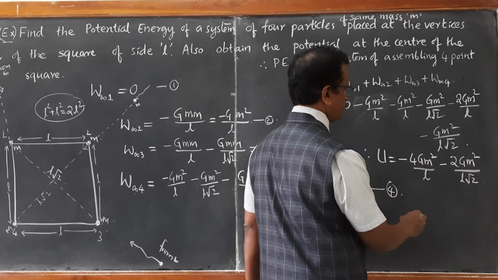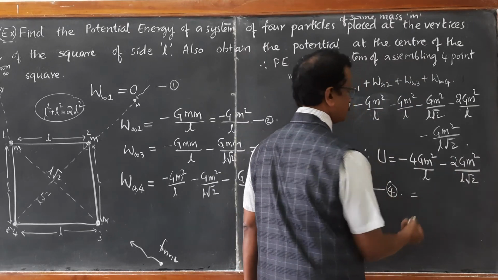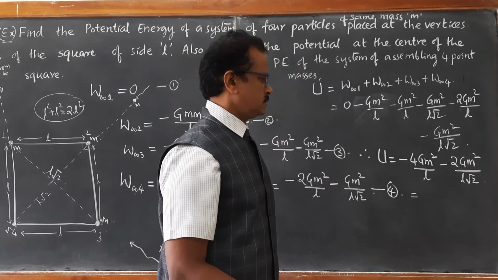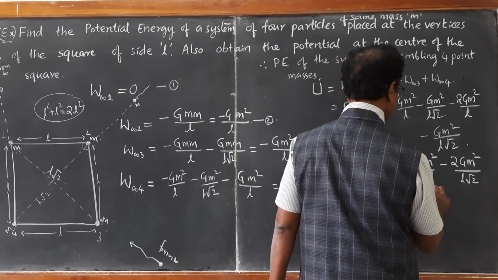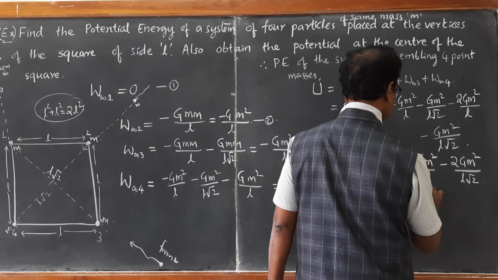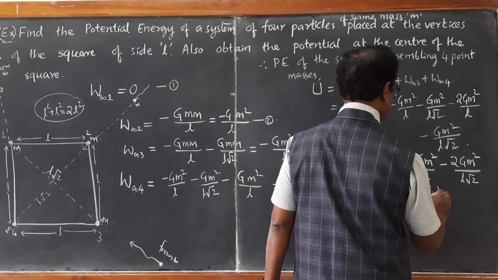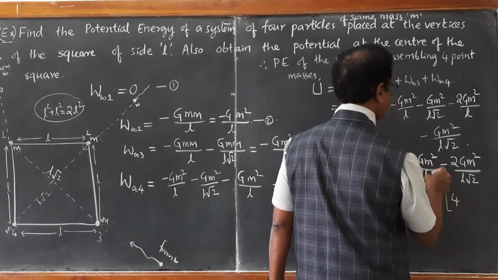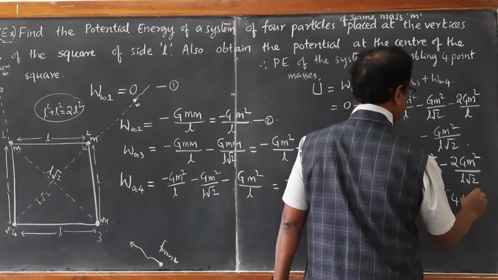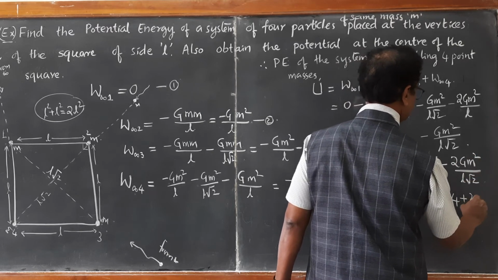So gm square upon l is common. If you take out minus gm square upon l, then you are left with 4 plus 2 by root 2.